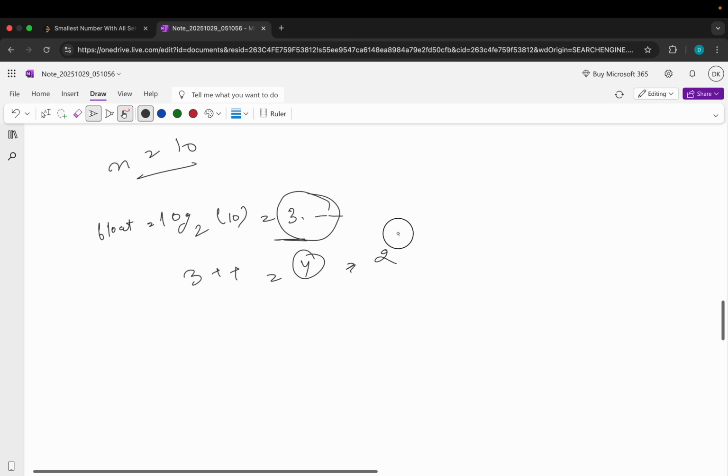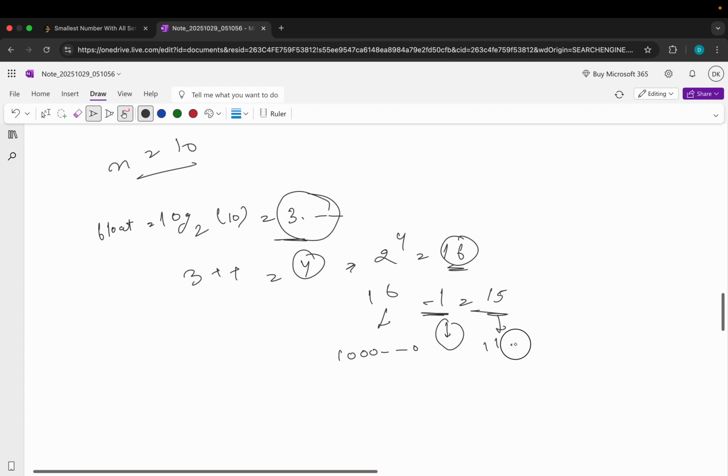Then we calculate 2 to the power 4, which is 16. Now decrementing 16 by 1 gives 15. Why are we decrementing? Because 16 is of the format 1 0 0 0 0, and by decrementing by 1 we get the form 1 1 1 1. So in this way we can solve this question.